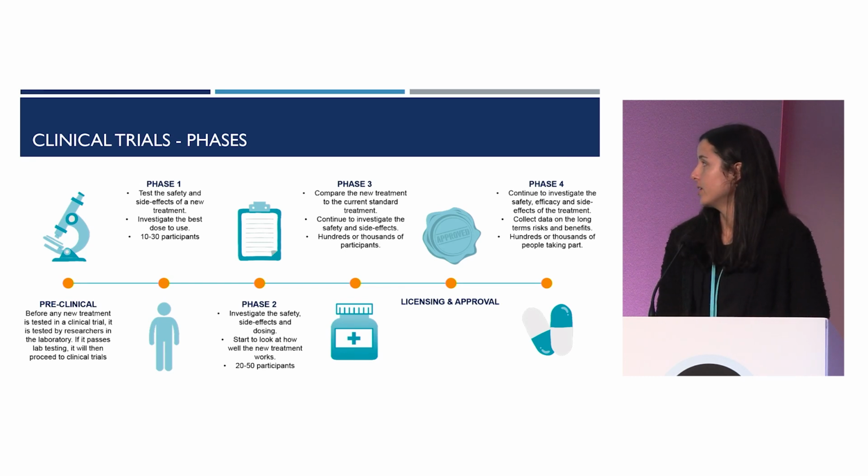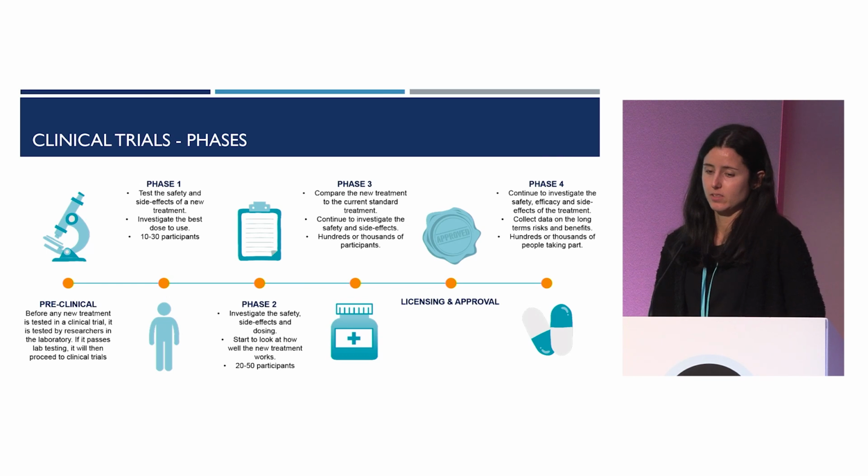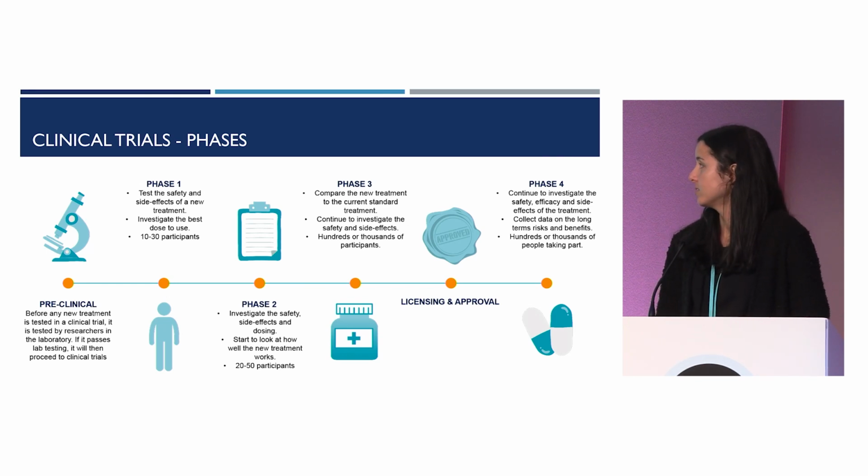In phase 2, the safety and side effects of the dose are also studied, and here the cohort of patients is bigger. If the drug has tested safe in the patients, it goes to phase 3, where it can be compared to the current standard treatment.